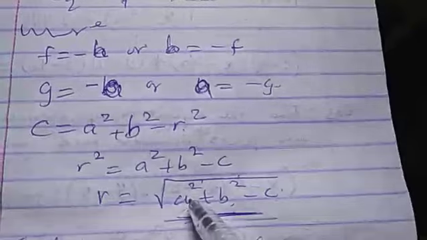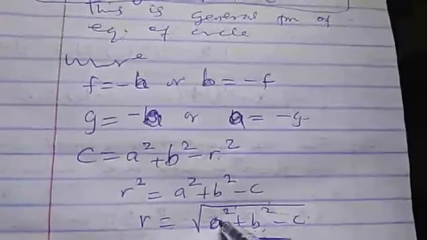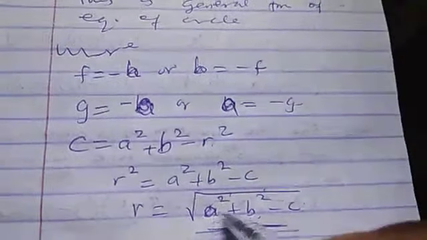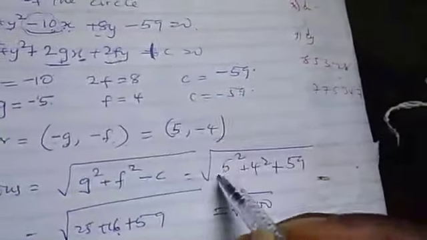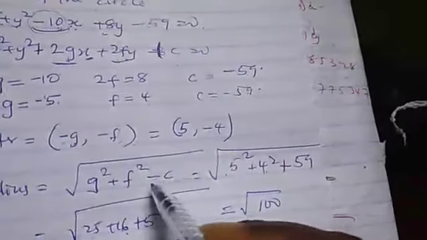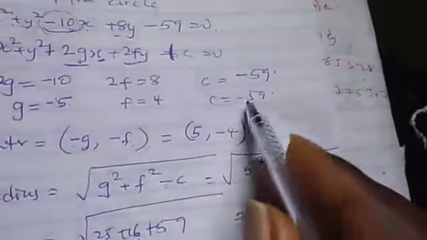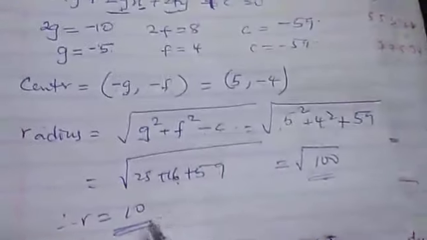That is the same as a square plus b square minus c, because of the square they become the same. Since we are not using a and b again, we just use g and f. G square and f square won't change. Our minus c has become plus 59 because c is minus already. So we have the square root of 100, which means r is 10.